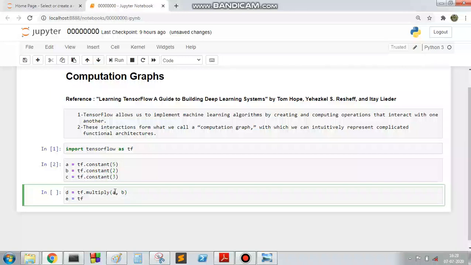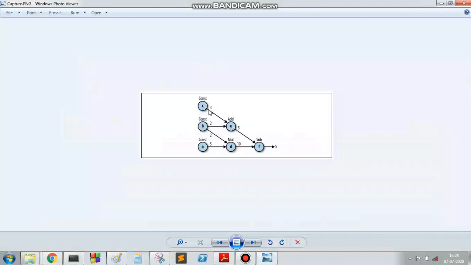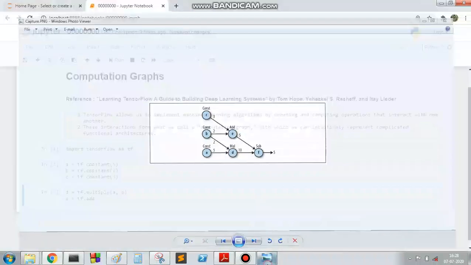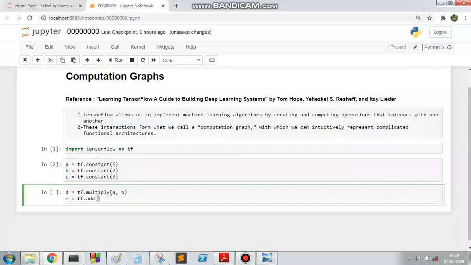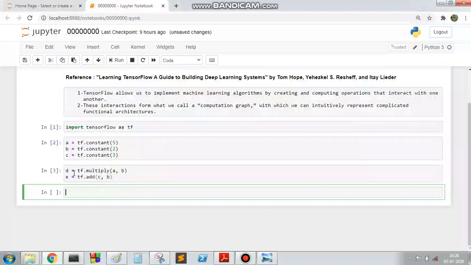E is a node which stores the value after performing addition of C and B, tf.add of C comma B. So here I am creating these two nodes.